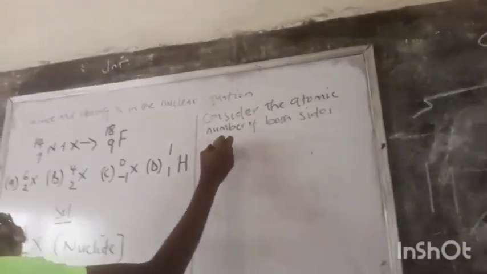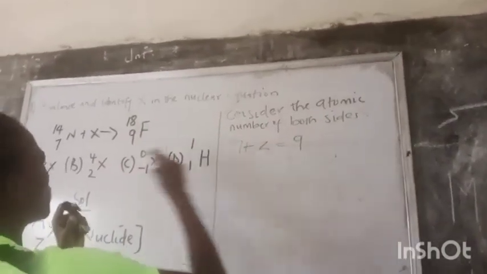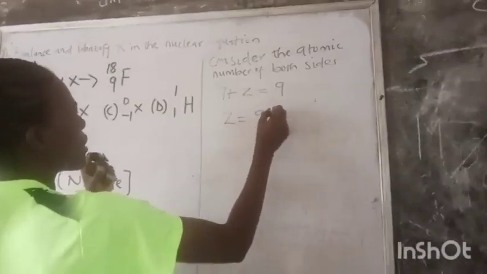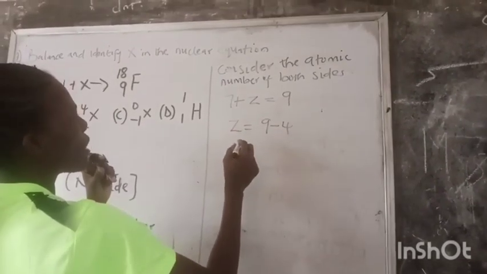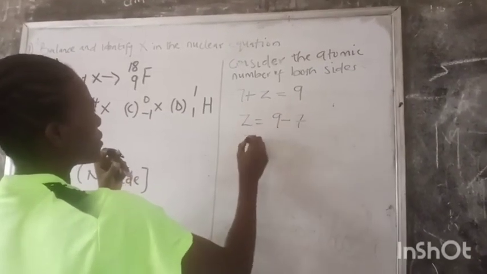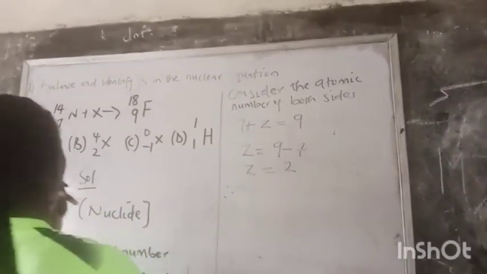So we have 7 plus Z is equal to 9. So Z is equal to 9 minus 7. Z is equal to 2.